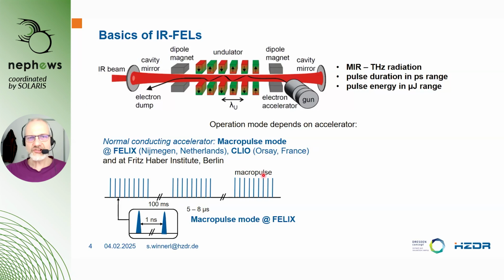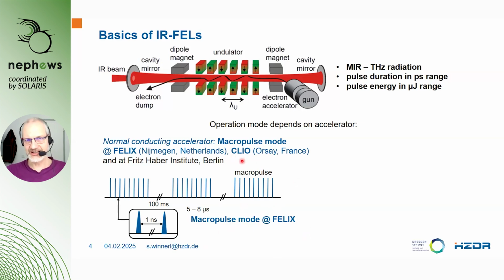Now the mode of operation depends on this electron accelerator here. Many free electron lasers operate in a macropulse mode, so this looks like this, where individual pulses are, for example, 1 nanosecond apart. This is the structure of a Felix free electron laser in the Netherlands.